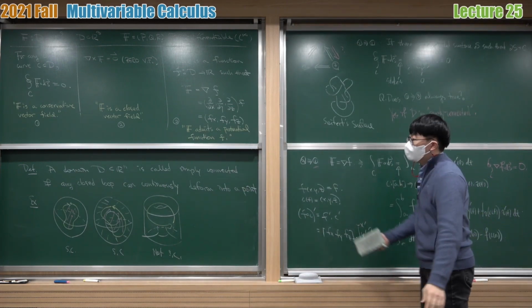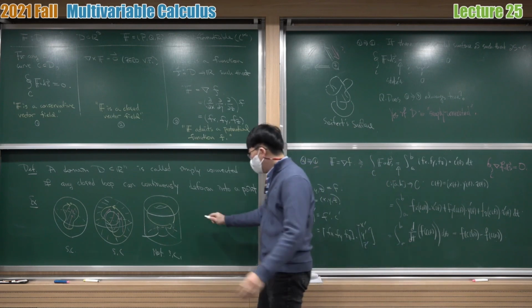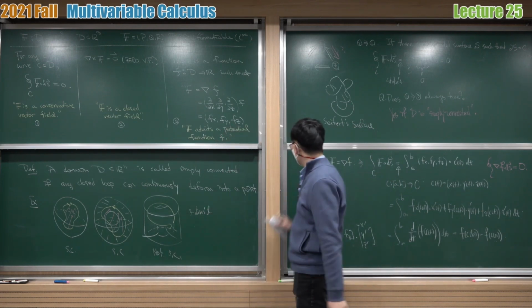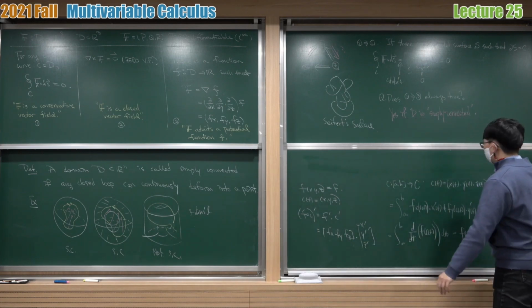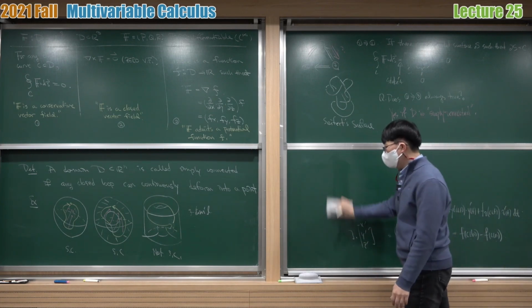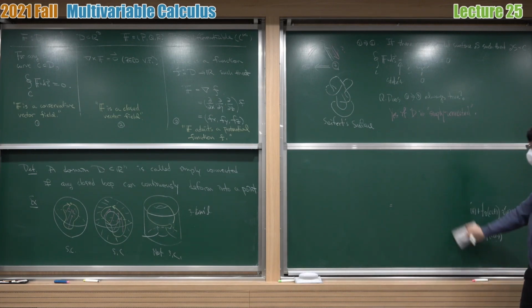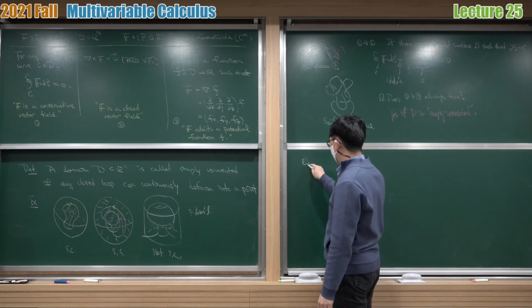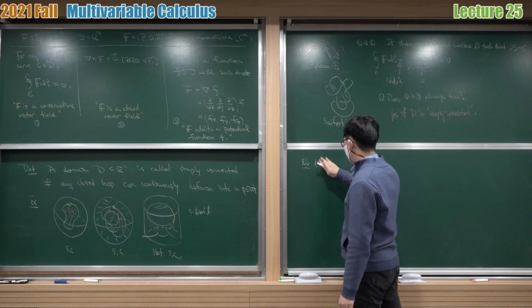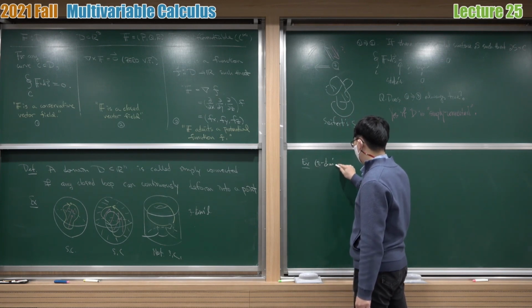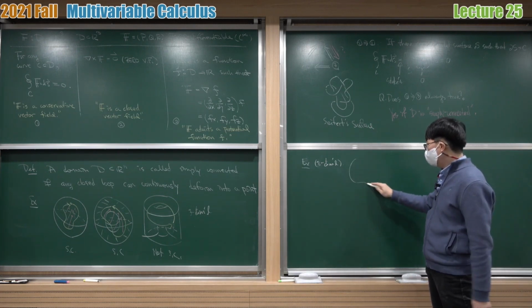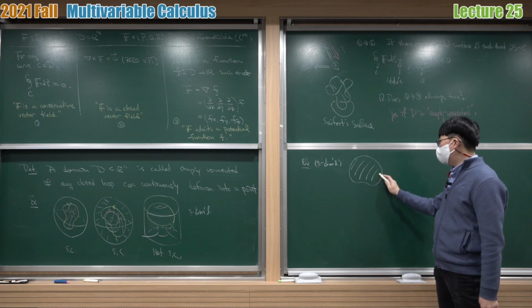So this is the case when the volume is three-dimensional. I can say similar things for a two-dimensional region, whether it's simply connected or not. Here's an example for two-dimensional. Let's say I have a filled region.